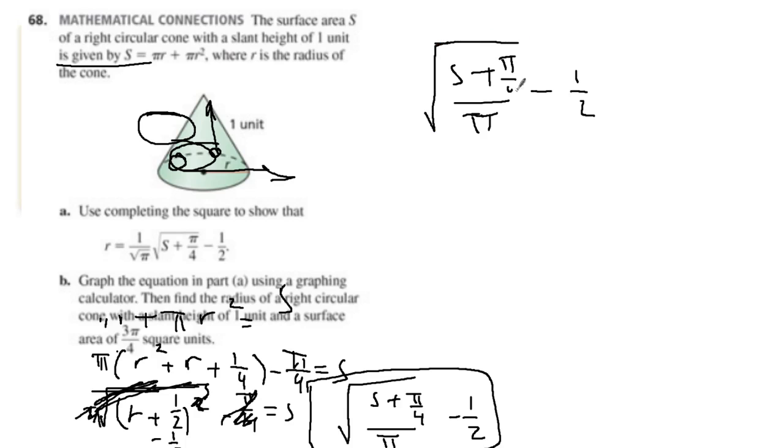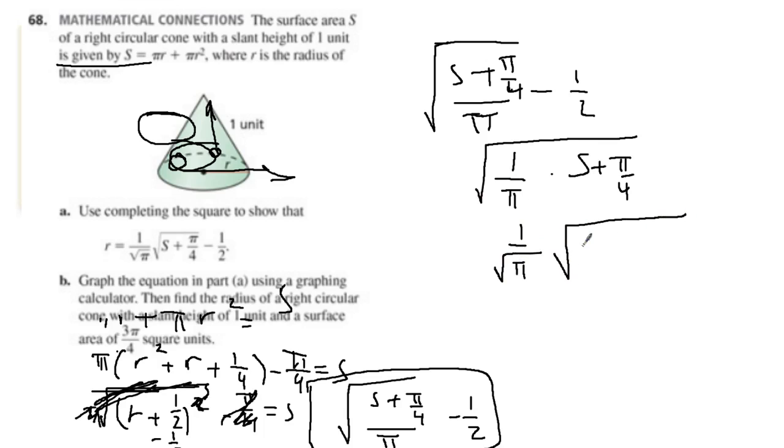In order to get this out of here, we take the square root of S plus pi over 4 over pi, which is equal to 1 over square root of pi times the square root of S plus pi over 4, and then add the minus 1/2 at the end. And that's how you get the formula.